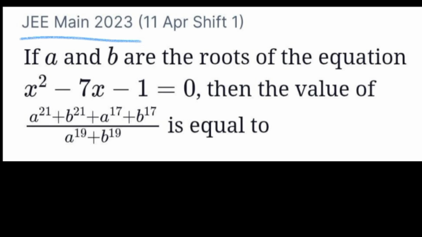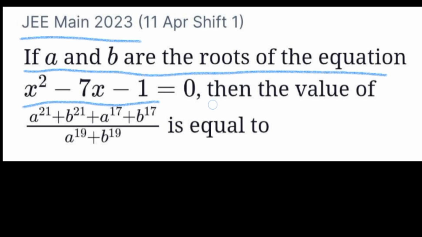JEE Mains 2023. One more bit. If alpha and beta are the roots of the equation x square minus 7x minus 1 equals 0, then find the value of alpha power 21 plus beta power 21 plus alpha power 17 plus beta power 17 by alpha power 19 plus beta power 19.